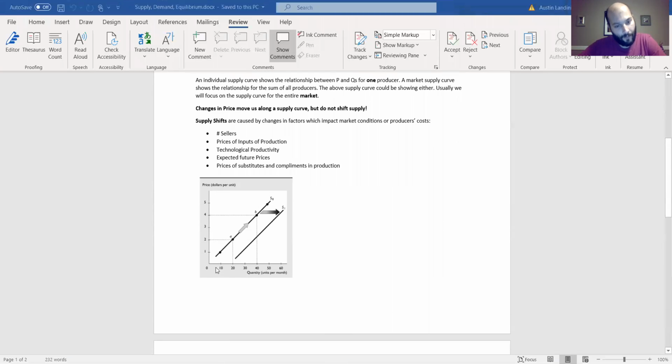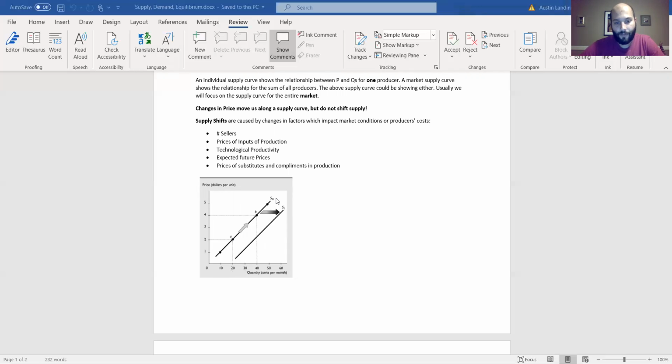So here we have a picture that demonstrates the difference between a movement along the supply curve. Going from A to B, price changes from 2 to 4, and we move from 20 units supplied to 40. And then here is an increase in supply, or in demand.